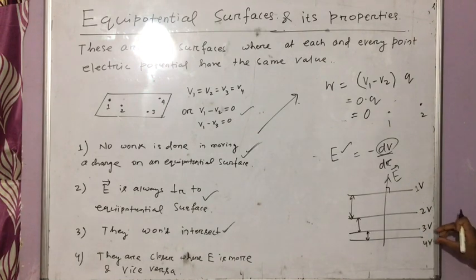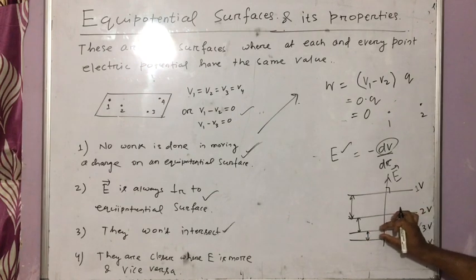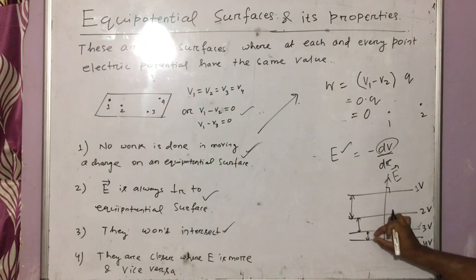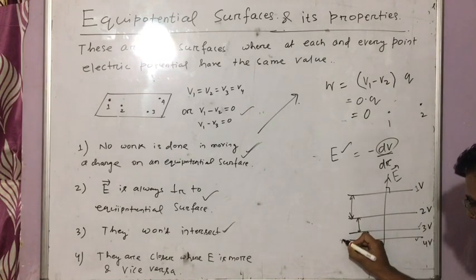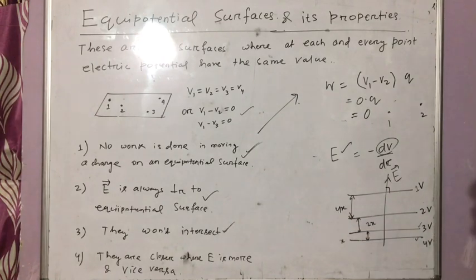Gradually, all of you just see here, the same two equipotential surfaces, the difference between their potential is 1 volt, but the gap is very less. Here, again between these two, there is a 1 volt potential difference, but the gap is slightly more than the previous one. Let's say if this is x, this will be 2x, and this is 4x.